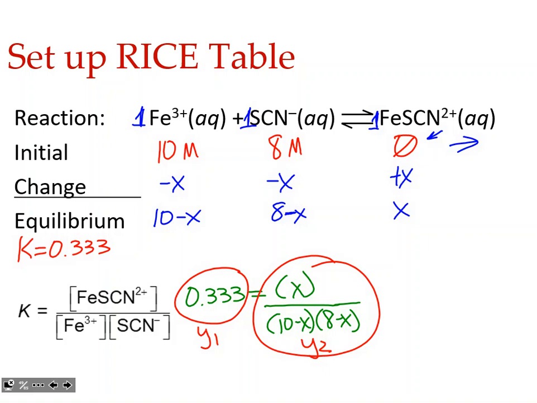So in Y1, I put the 0.333 in there, and then for Y2, you do alpha, Y equals, and then you should have a menu that pops up. If you press the first one, which says n over d, which is numerator over denominator, you can set it up in there as a fraction, so you don't have to worry about order of operations.